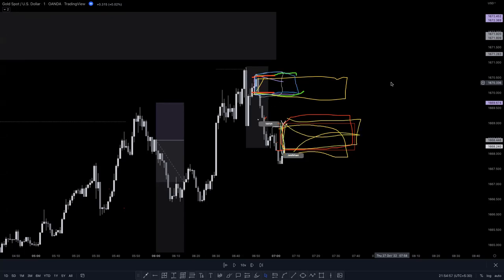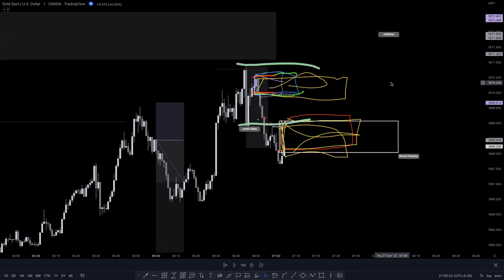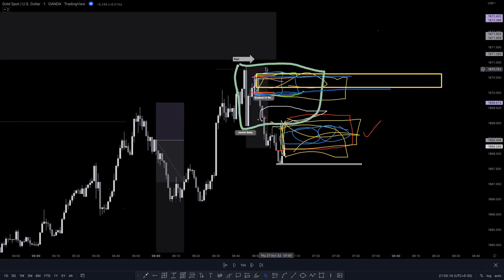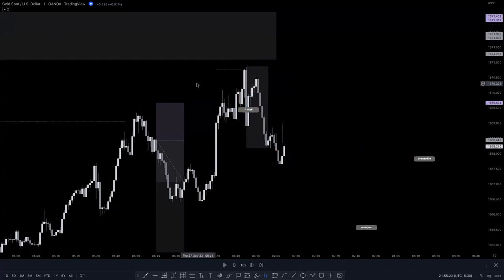Okay, perfect. Both of your zones are valid, everyone. Correct. So both zones are valid here for the sell.